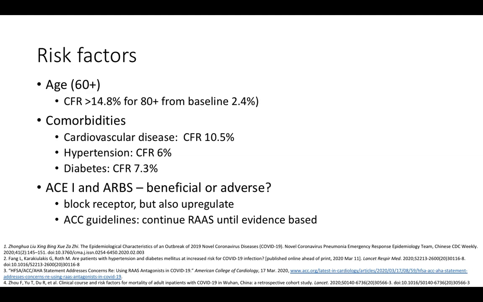However, ACE inhibitors and ARBs also upregulate the ACE enzyme, and so there is some debate about whether having an ACE inhibitor on board can increase your risk for having a bad coronavirus. Right now, because the evidence is still conflicting, the ACC guidelines recommend continuation of RAS inhibitors until evidence-based measures are in place, or until we have more data.